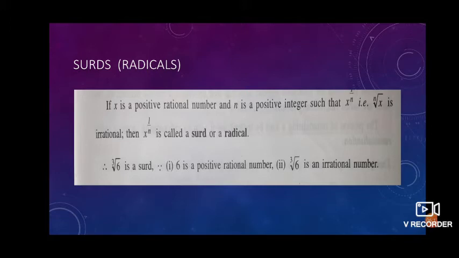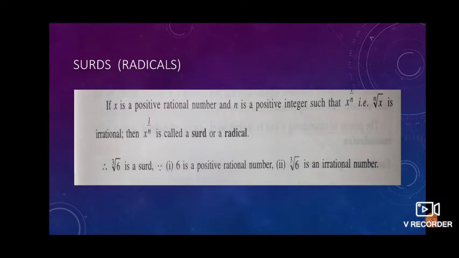Next topic is surds or radicals, children, which is very important. See, what we'll call a surd or a radical means if x is a positive rational number like 2, 3, 4, 5, any rational number, and n is a positive integer, such that x to the power 1 by n, the nth root of x, is an irrational number, then x to the power 1 by n is called a surd or radical.